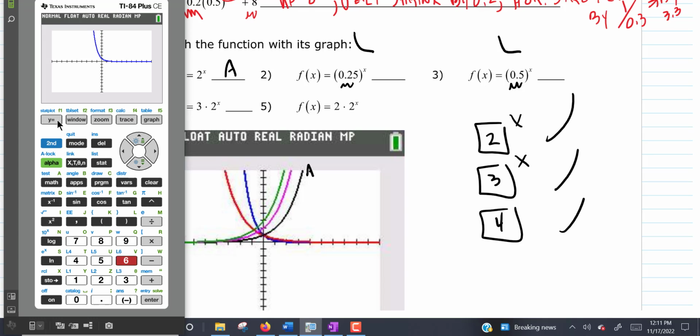And if you put the other one in, 0.5, which is a little bigger, it's just going to affect how it decays. Okay, so if I put that in, that's this one.